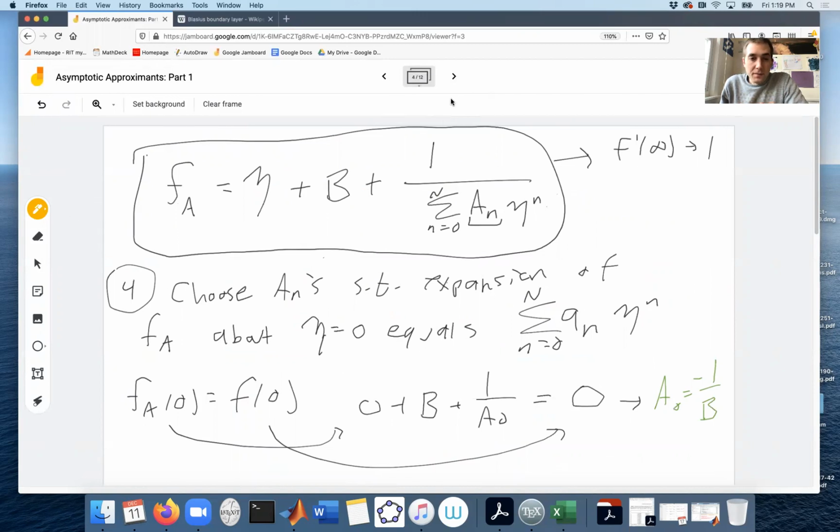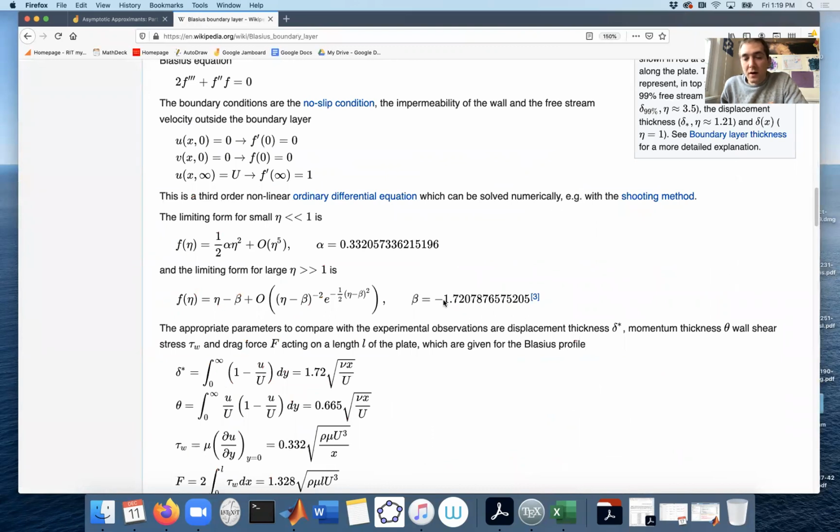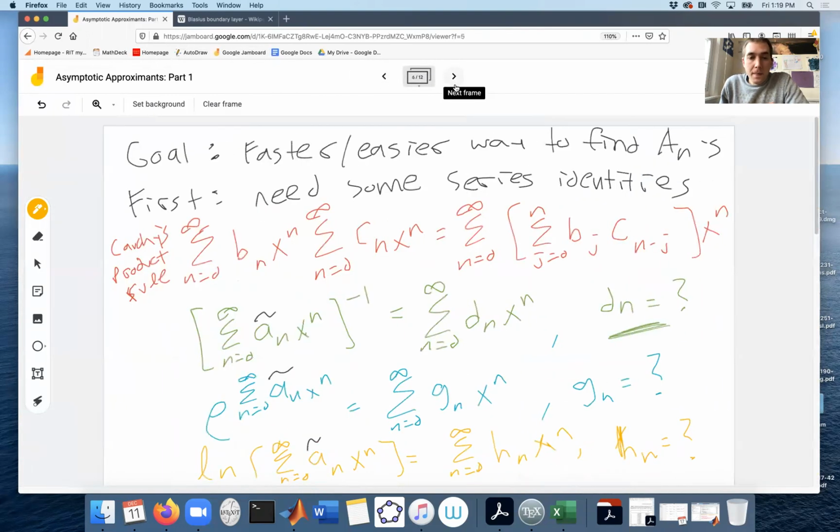It's here on the website. They call it beta here, negative 1.720, and so on. This is also something we put as an input into our approximate in the last videos. We would like to predict that. So again, it's completely independent from any numerical solutions.